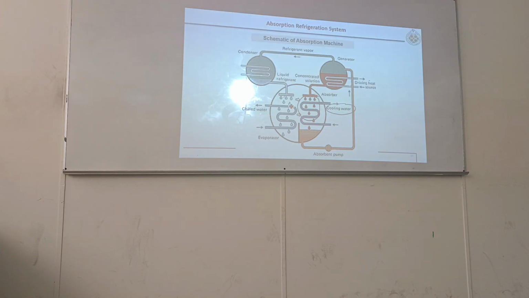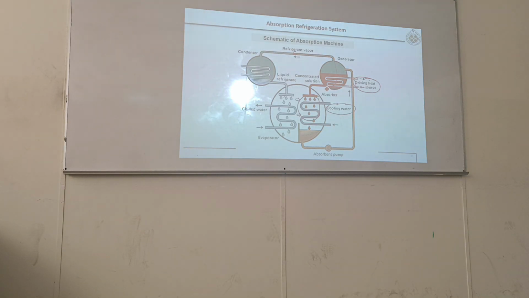So in the same vessel, there is evaporation and absorption. During absorption, it becomes a liquid solution. This liquid solution is collected at the bottom and pumped to a generator. In the generator, we are supplying heat from any source, so only the refrigerant is evaporated.